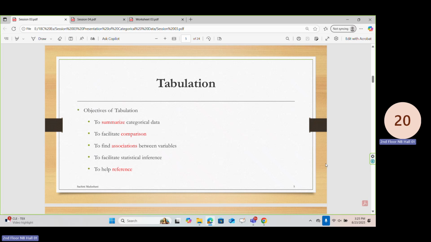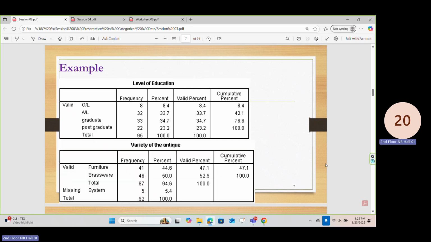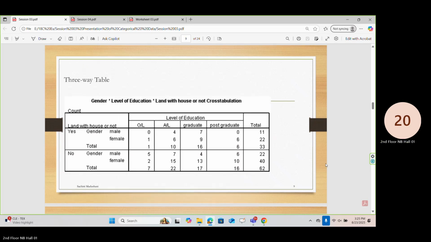Let us take a simple example. Here levels of education are there: O level, A level, graduate, postgraduate. We can do the comparison between the education levels. We can identify that the totals are 7, 22, 17 and 16.